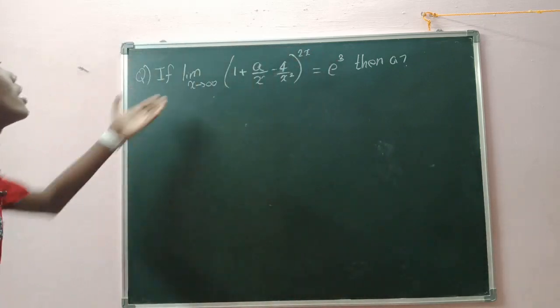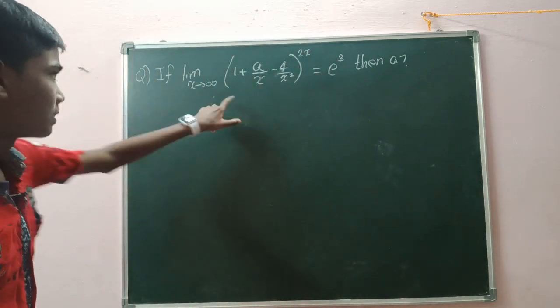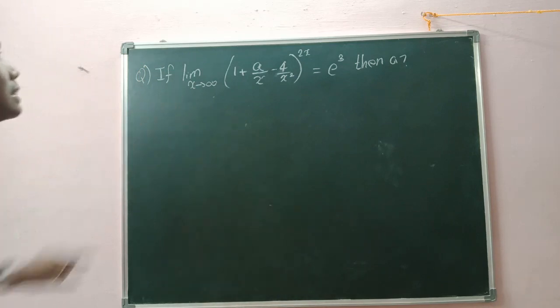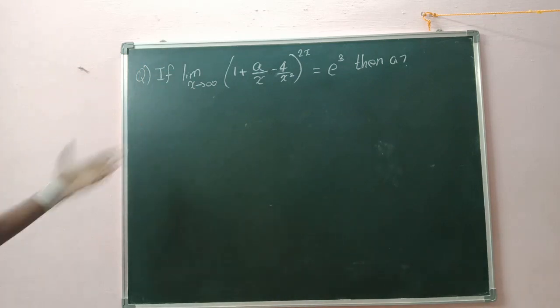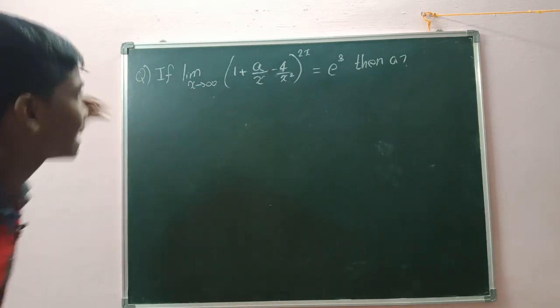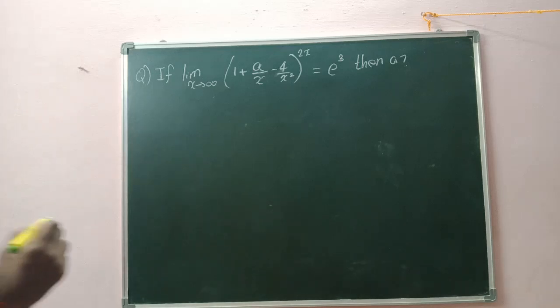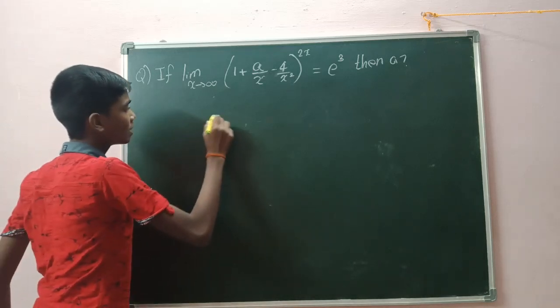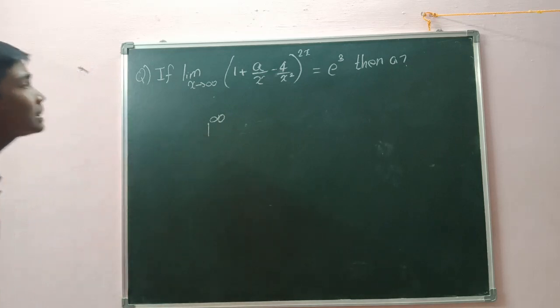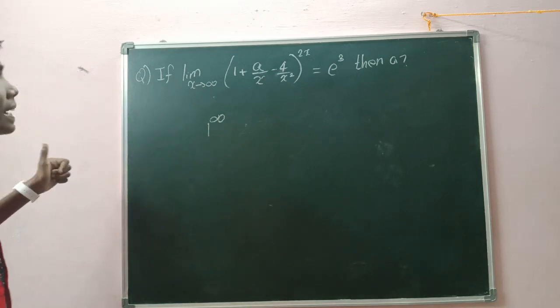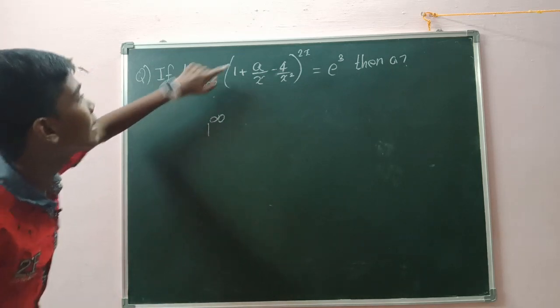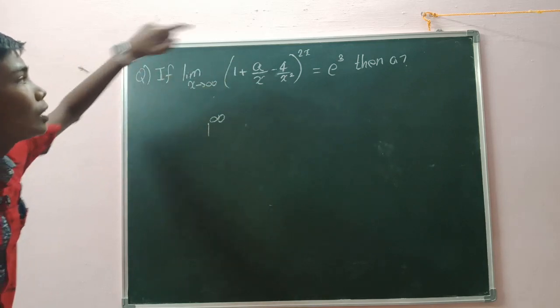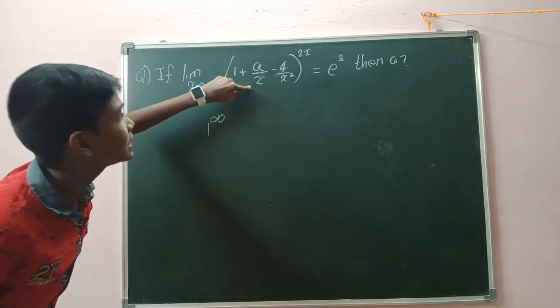When you observe the limit in the LHS and put the value of x as infinity, you will get the form 1 power infinity. How am I saying this? When x tends to infinity, a/x will be 0, because any number divided by such a large number will be 0.